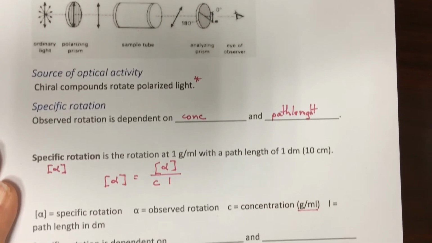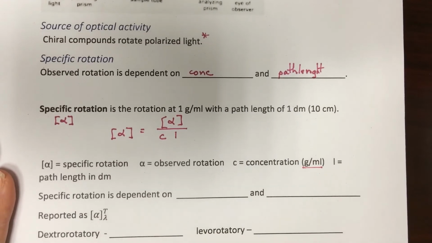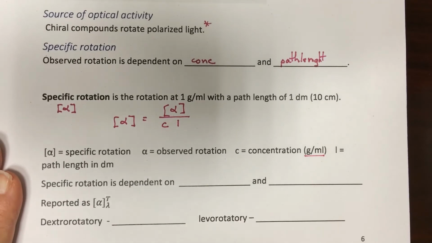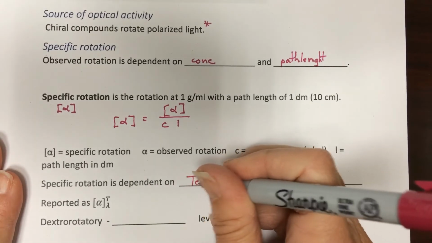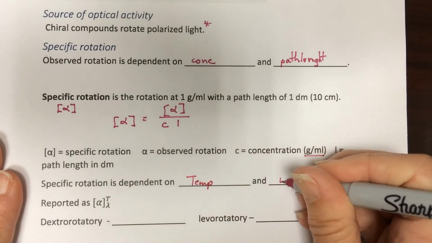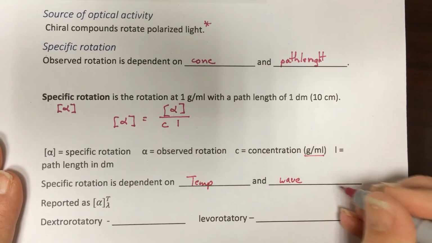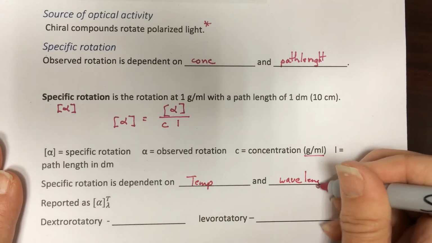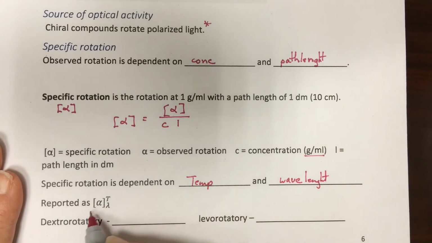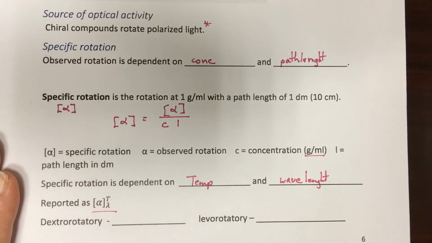The specific rotation is also dependent on temperature and wavelength. And so we report it as brackets, the amount of rotation in degrees, temperature at top, wavelength at the bottom.